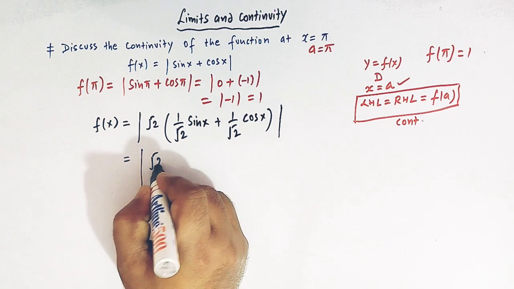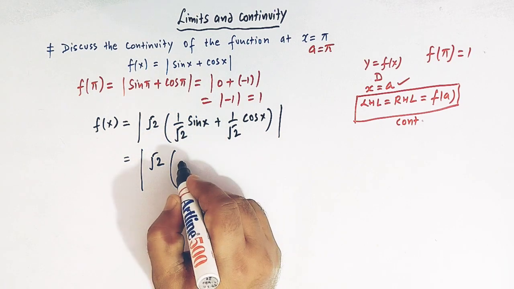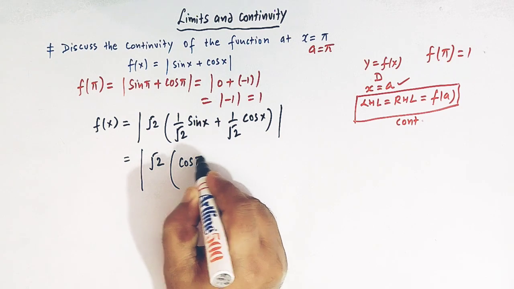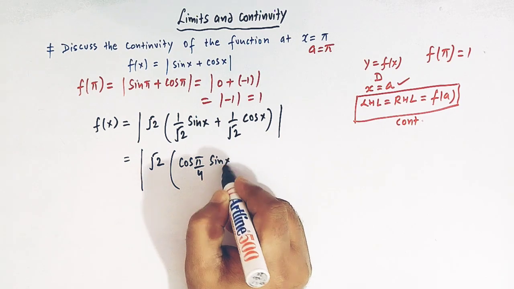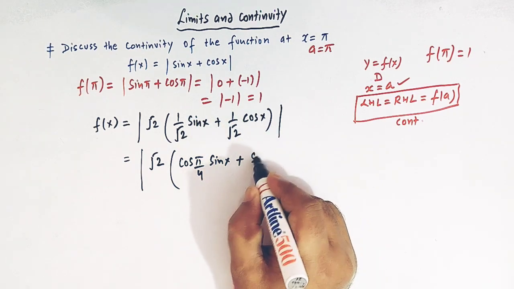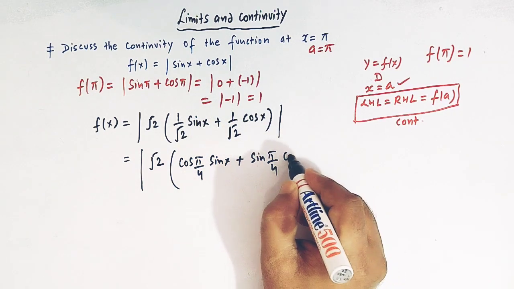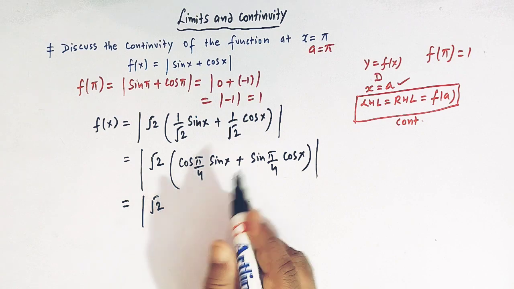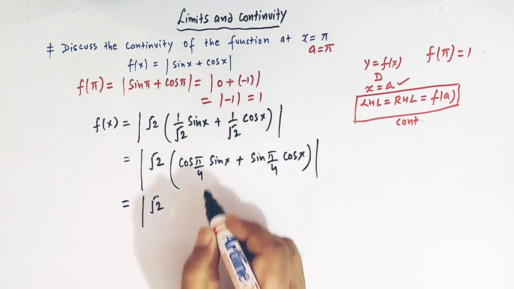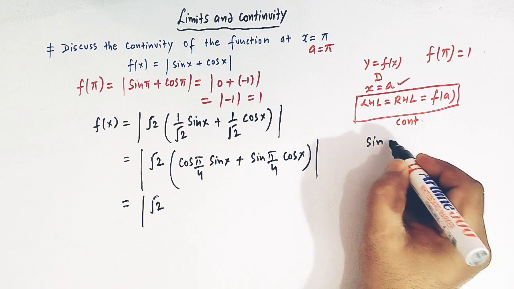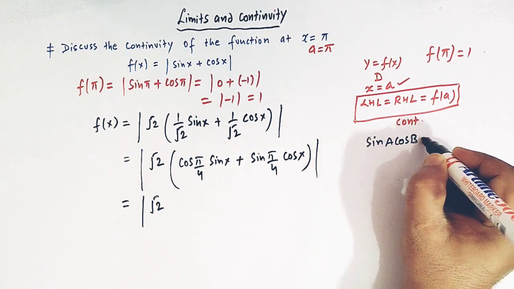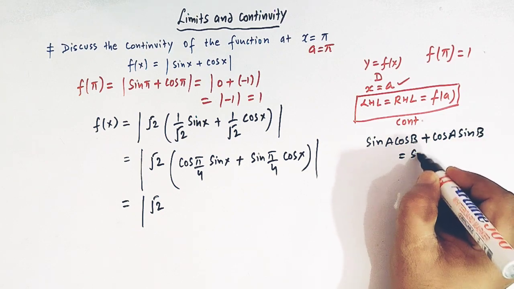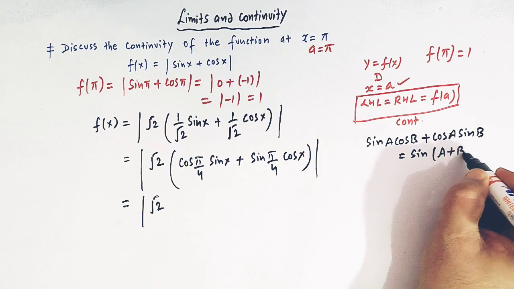So now we can write square root of 2. Now here we can write 1 over square root of 2 as cos pi by 4, and here we have sine x, and 1 over root 2 can be written as sine pi by 4, and here we have cos x. Now we can easily see that this expression is equivalent to sine a cos b plus cos a sine b, and this is equal to sine of a plus b.